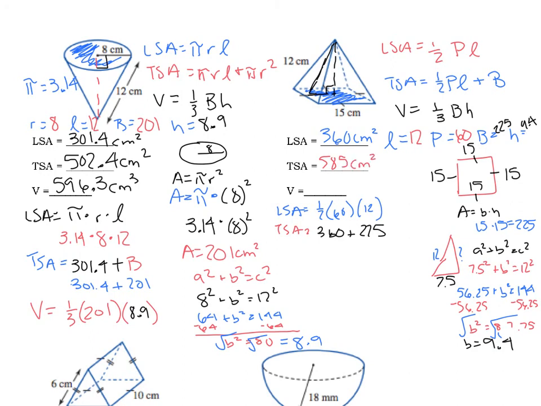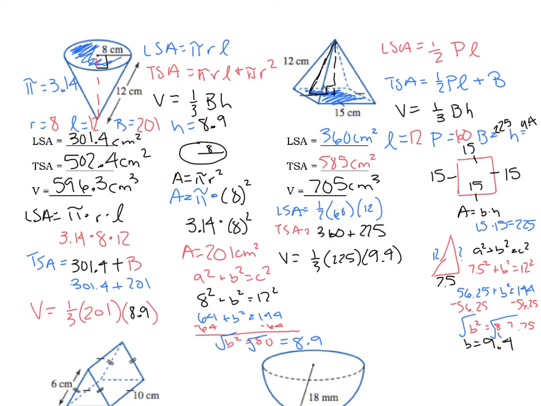And last but not least, volume is 1/3 times capital B, which is the 225, times the actual height, which we discovered using the Pythagorean theorem, was 9.4. So we do 1/3 times 225 times that 9.4 height of that pyramid, we end up with the volume of 705 centimeters cubed.